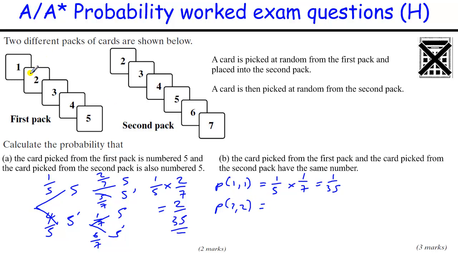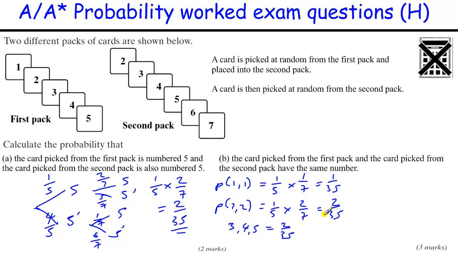Okay, the 2, I can pick it here, I can take it over here, now there's 2 2s, so I've got 1/5 times 2 over 7, which is 2 over 35. And then the 3, the 4 and the 5 are also going to be equal to 2 over 35 each because they're all going to double up. But I can't pick a 6 twice and I can't pick a 7 twice because there isn't one in the first pack.